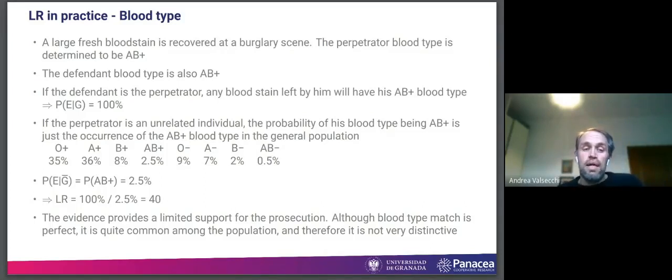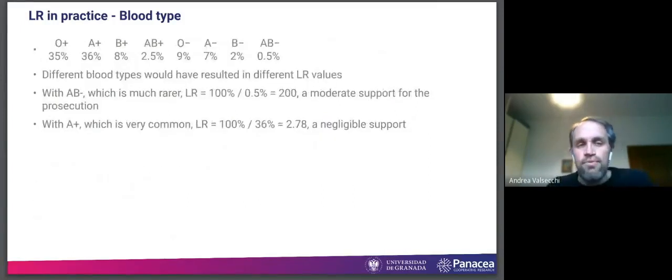So by the previous slide, we can say that the evidence provides some limited support for the prosecution. And as a comment, we can see why. Because the match in the blood type of the defendant with the evidence is perfect, but the blood type AB+ is relatively common in the population, so it's not very distinctive. If we had another blood type in our simulated crime, we could have got different results.